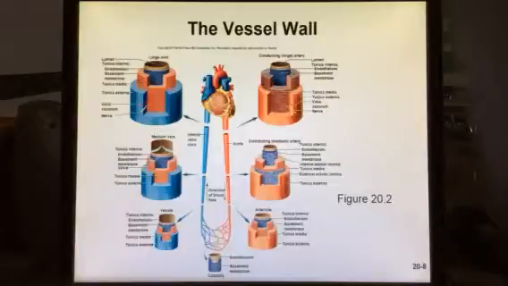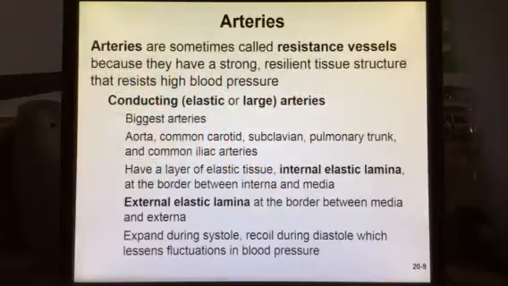Okay, here's an up-close picture of the different types of vessels, arteries and veins, and how those vessel walls differ in each of those types of arteries and veins and capillaries as well. Arteries sometimes can be called resistance vessels. They are much stronger.